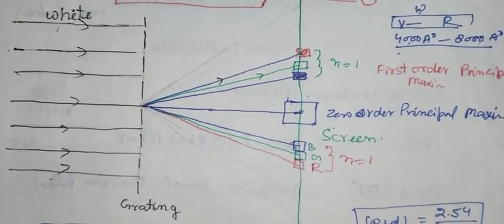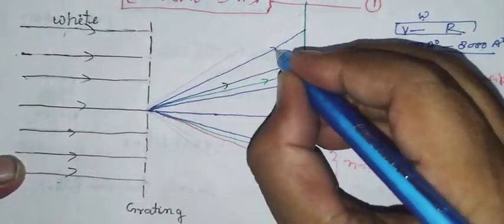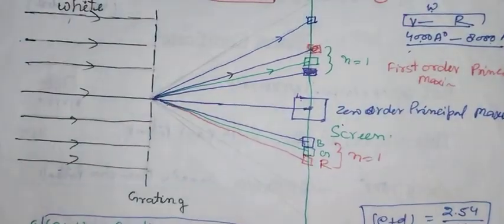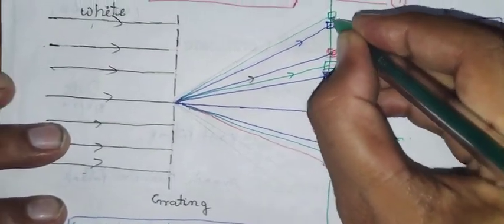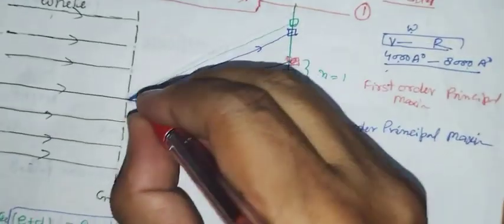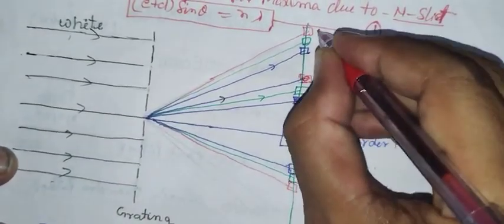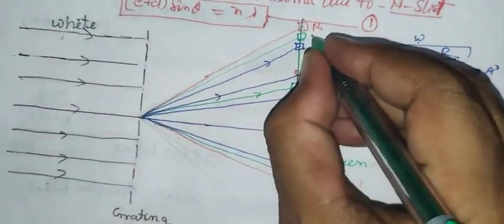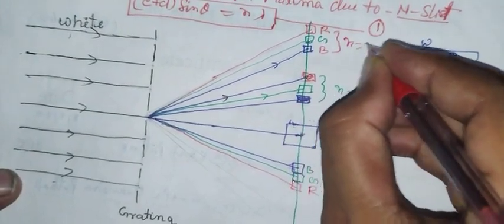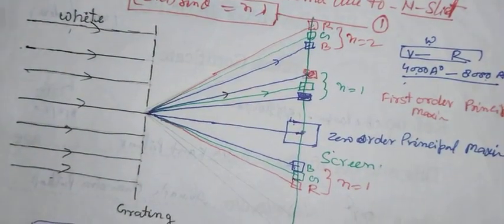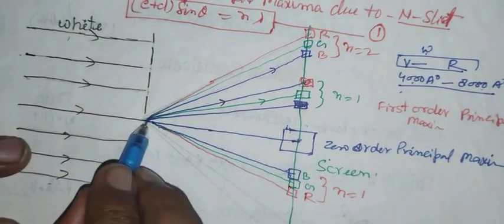First the violet color, thereafter the green band, and last the red band. This is for n = 2, the second order principal maxima. And on this side also the same situation occurs.